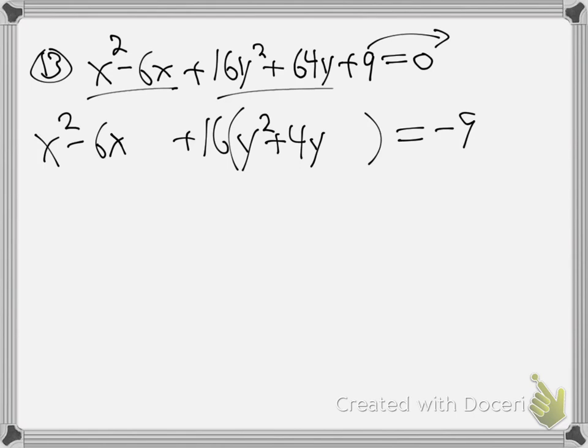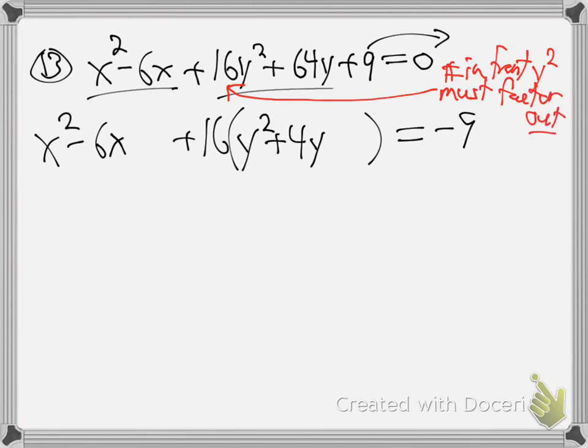Let me write a note on that, because that tricks a lot of people. Number in front of y squared must factor out. Everybody see that? That's really important. There was no number in front of x squared, so I didn't have to do that one, but if there was, I would have.